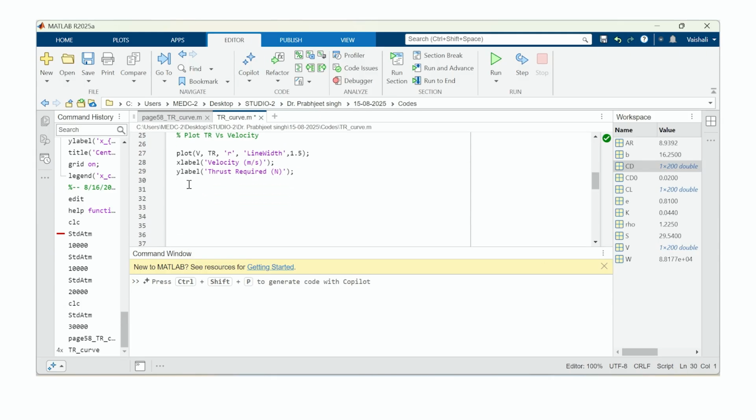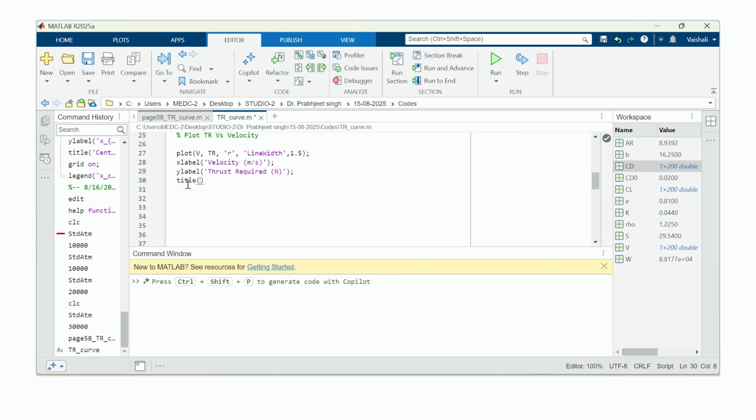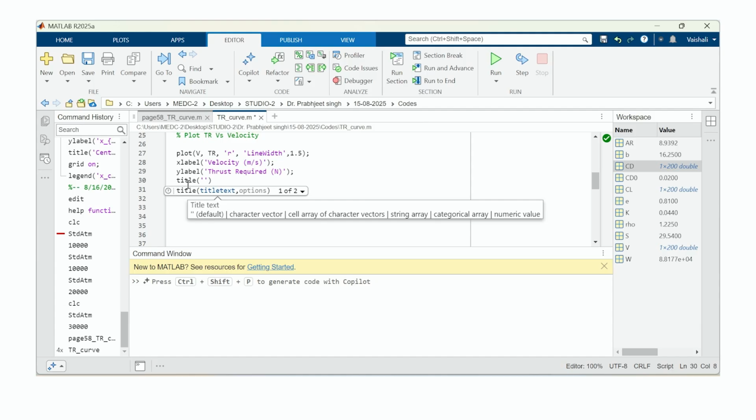Along with xlabel and ylabel, we can also add a title of the plot. Let us write thrust required versus velocity.